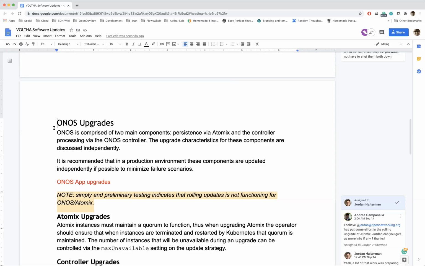So maybe in that case we could use a previous version of master or something like that. All you really have to do is create a new, differently tagged image. So I can create two images of master, one tagged foo, one tagged bar, and upgrade foo to bar. But if foo and bar are exactly the same, then we are not really upgrading, we are restarting a pod.